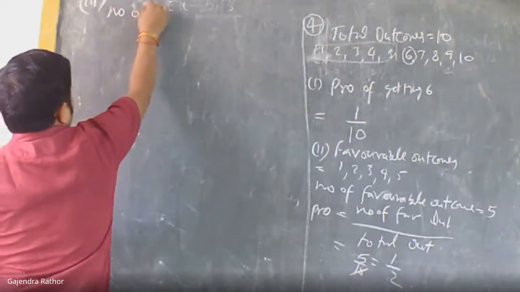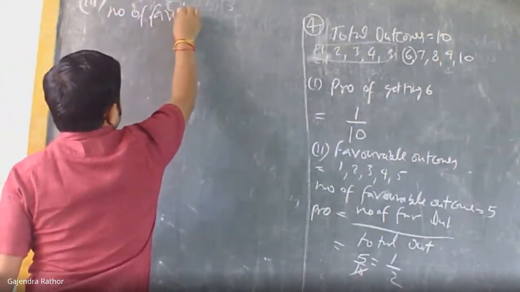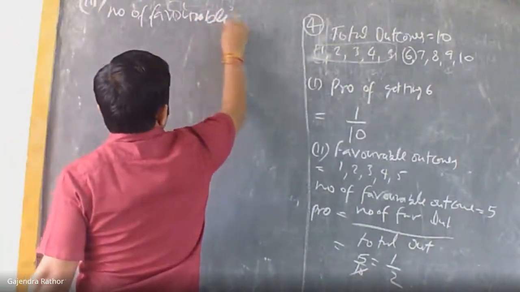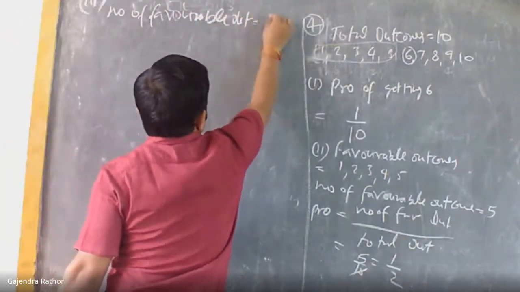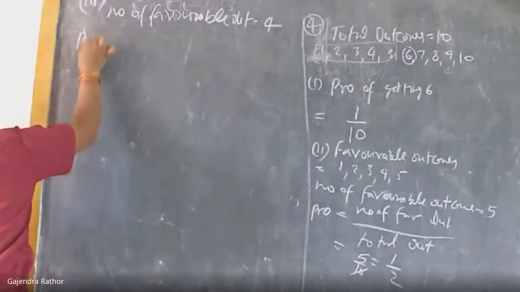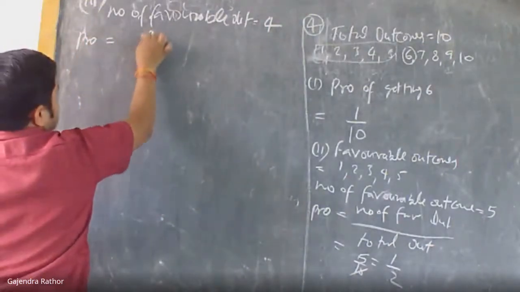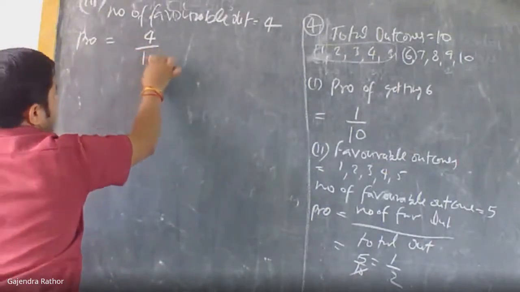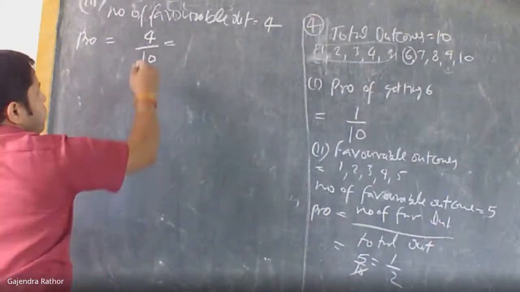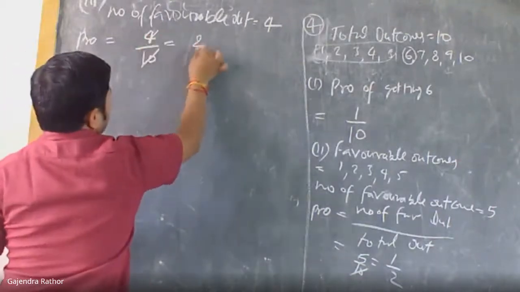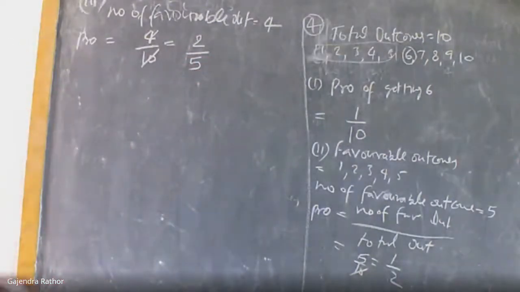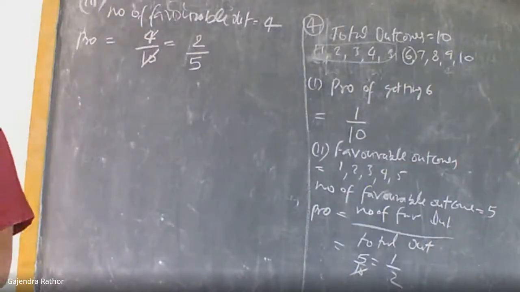So the number of favorable outcomes is equal to 4. Now probability is number of favorable outcomes, 4, and the total outcomes are 10. We can simplify by dividing by 2: 2 times 2 is 4 and 2 times 5 is 10. So the required probability is 2 by 5.